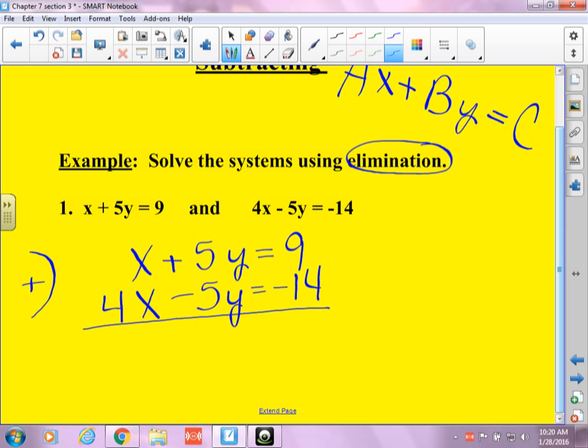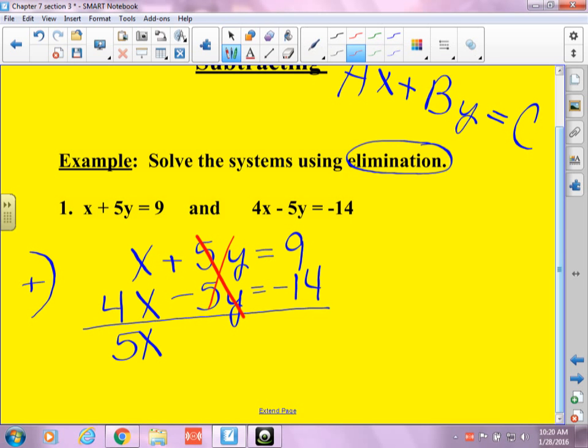So I'm going to add up and down now, kind of like you did with decimals. x plus 4x is 5x. Now, 5y plus a negative 5y gives me what? 0. I eliminated a variable.